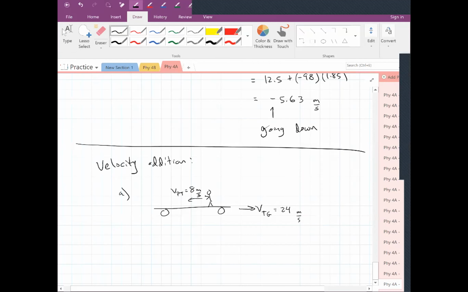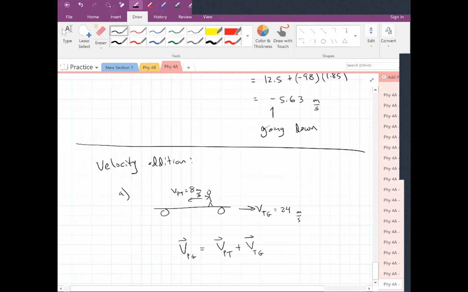We have this little technique we use, and I know this is pretty straightforward, but let's go ahead and use a formal technique first, and you'll see as the problems become more complicated, it's nice to have that framework. The velocity of the person with respect to the ground is the velocity of the person with respect to the train plus the velocity of the train with respect to the ground.